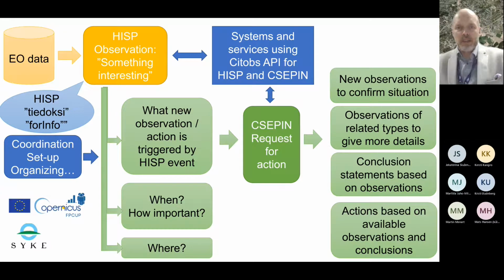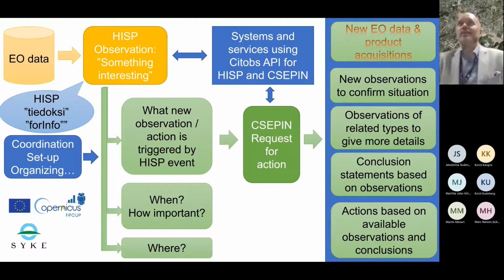I would like to highlight that this concerns also the possibility of requesting additional Earth observation data. That could mean tasking, for example, a satellite constellation to take an image of an area of interest where we know that there's, for example, a flooding event or a special event, an accident or something like that.